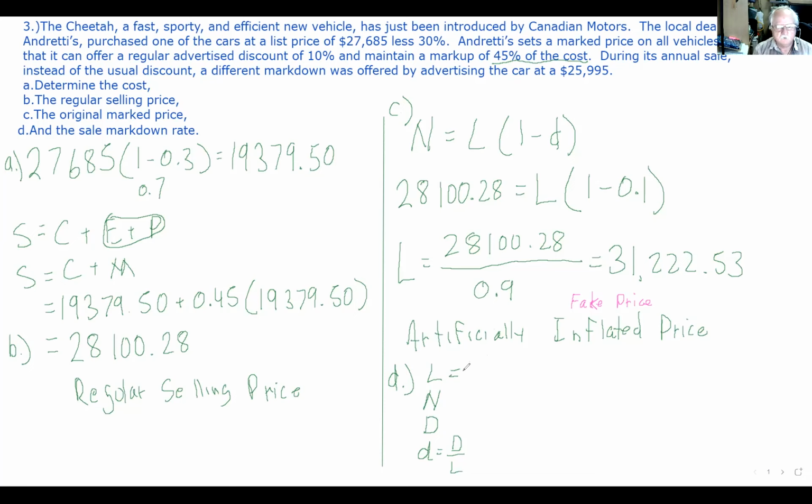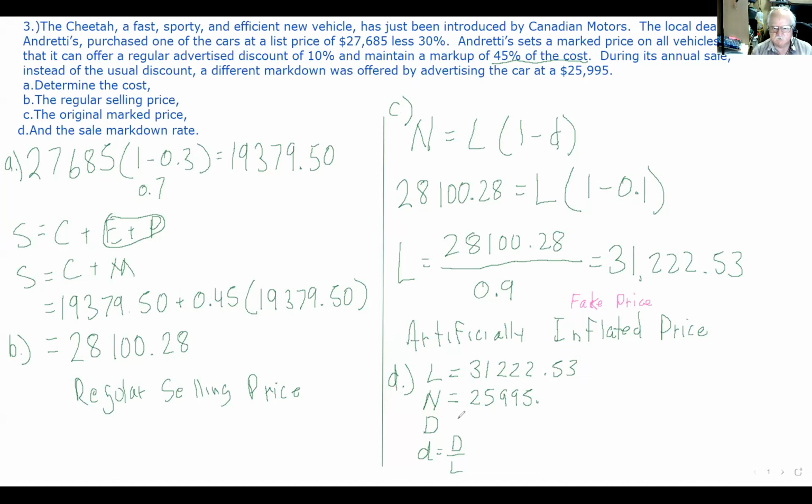So the list price here is going to be the highest price we offered it for, 31,222.53. The net price is the lower price, which they gave us, 25,995.